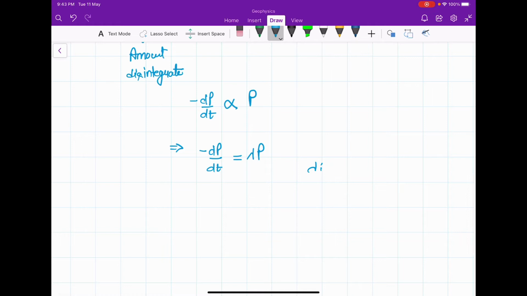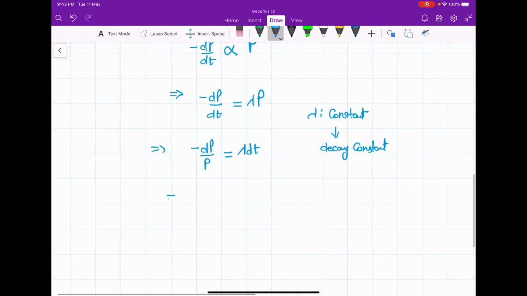Which is also known as the decay constant. So this will give minus dP over P equals lambda dt.